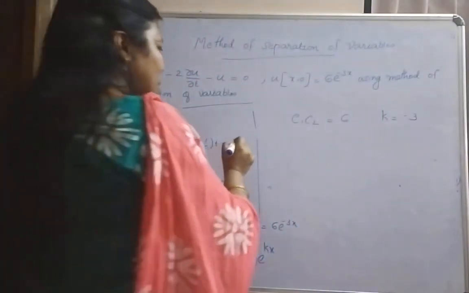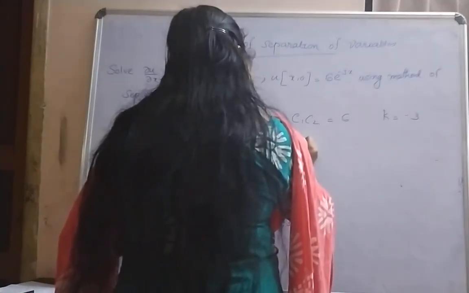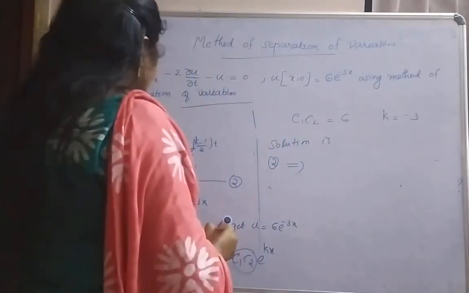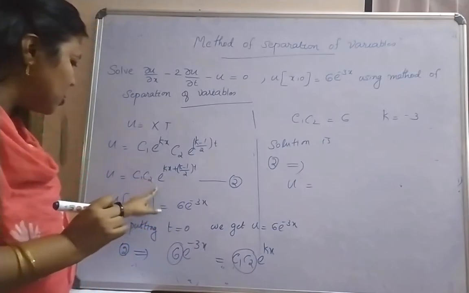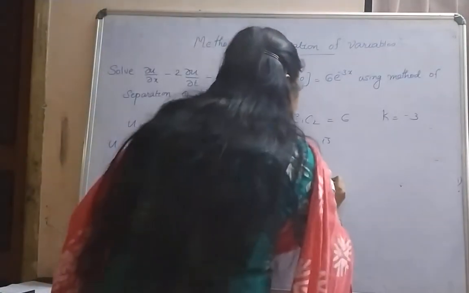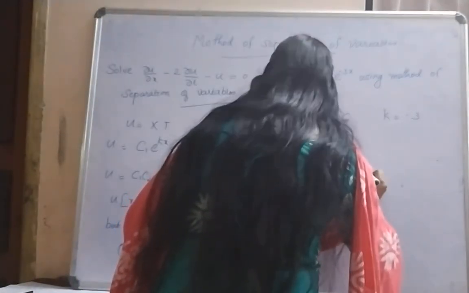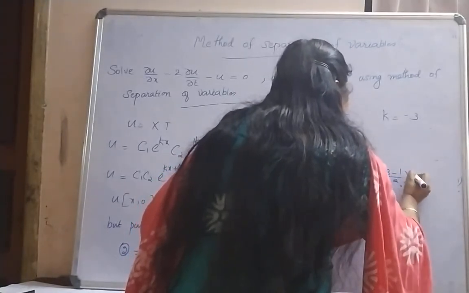Therefore, the solution becomes u equal to c1 c2, which is 6, e raised to k, which is minus 3, so minus 3x plus (minus 3 minus 1)/2 into t.